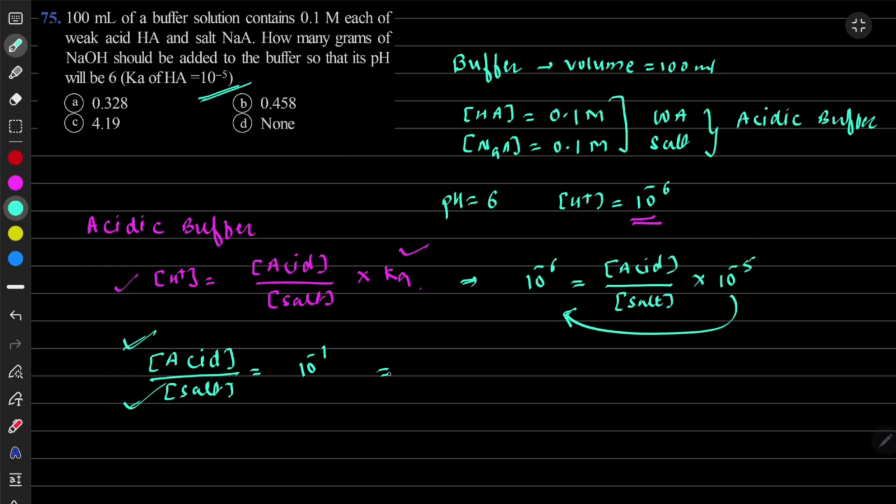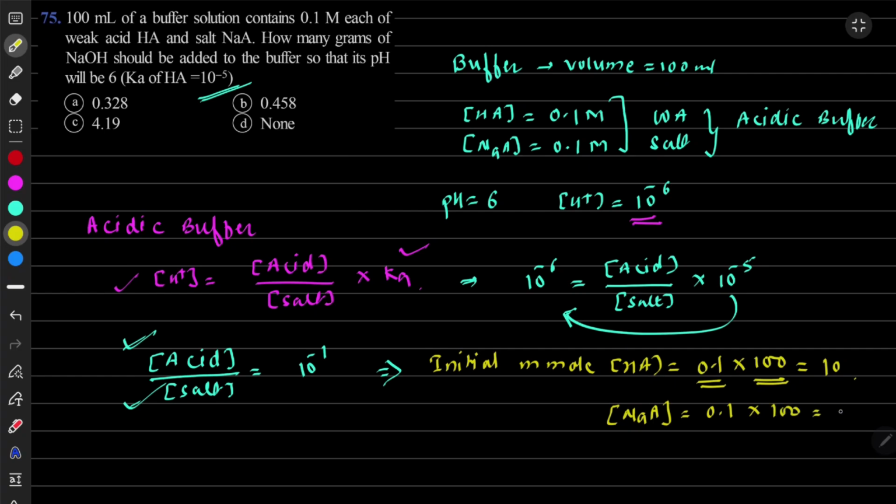Initial millimoles of HA is 0.1 into 100, which is 10. So this is the molarity into volume in ml, which is 10. Initial millimoles of sodium salt is also the same, which is 10.